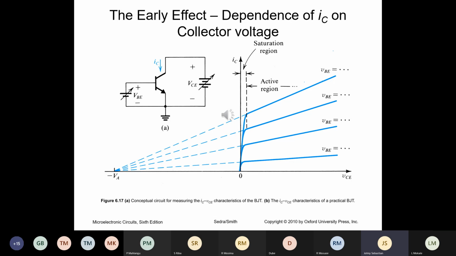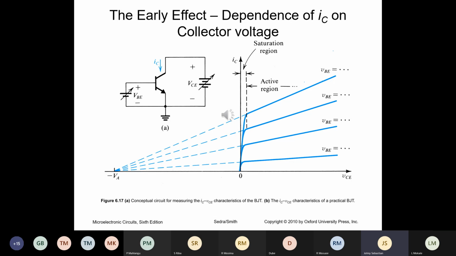The importance of early voltage is, we originally studied that the function of VCE is to provide a reverse bias between collector and base. Once you provide the reverse bias, the magnitude doesn't matter.